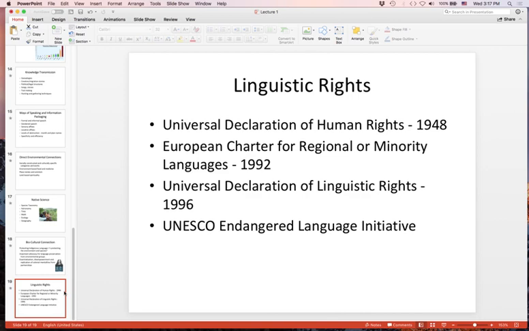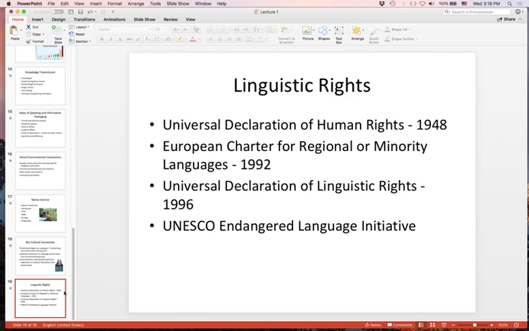There are roots to the connection of language as part of human rights that go back as far as 1948, and as recently as 1990 there have been lots of efforts to elevate linguistic rights to the level of international law.